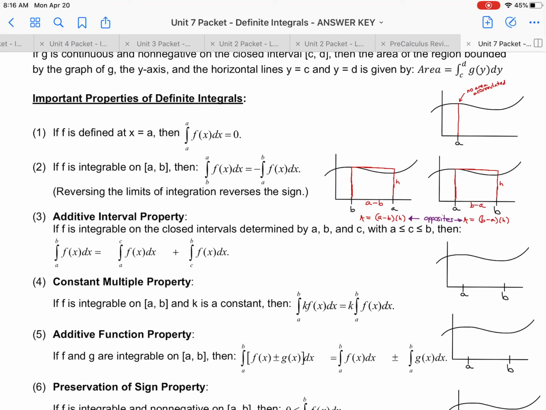Additive interval property. I think this one's a little bit in the realm of common sense.